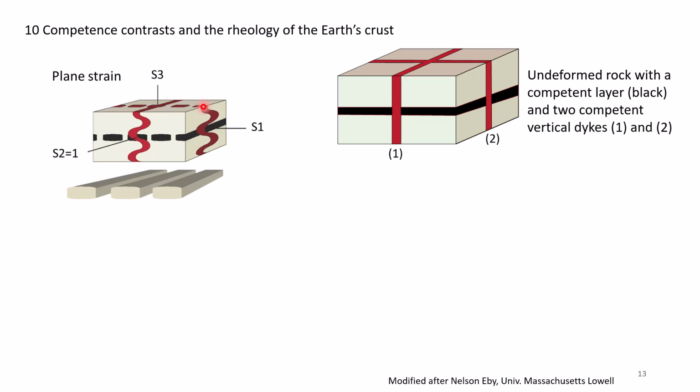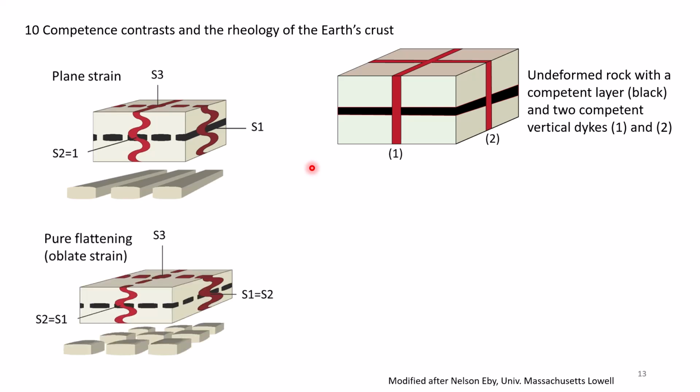But we also would see that this dike would undergo stretching parallel to its orientation because it runs parallel to S1. This stretching parallel S1 would form the boudins that we see here. So think of this dike as a folded dike, but these folds are segmented into folded rods. We are going to see how that might look in one of the next images.